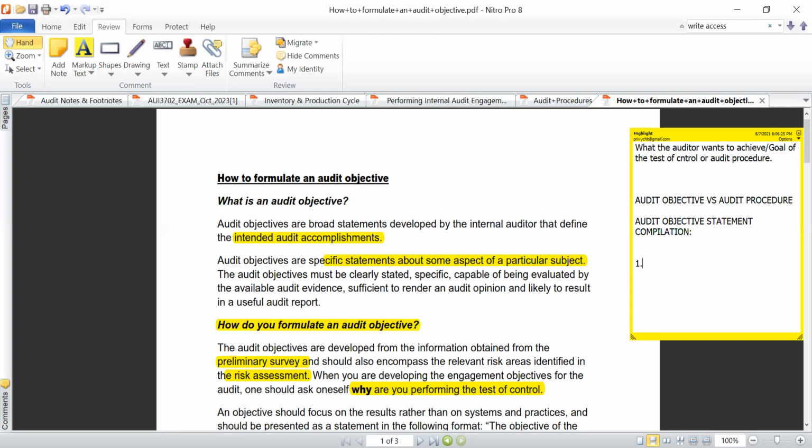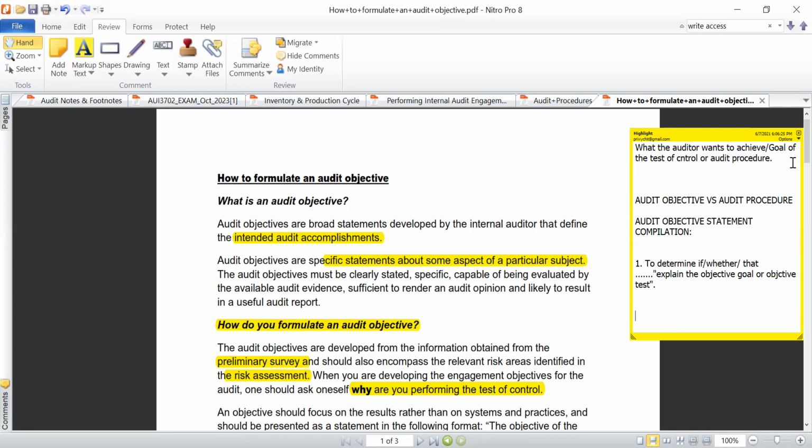Number one, you can start your statement by saying to determine if, or to determine whether, or to determine that. And then the next thing you do, you explain the objective goal or the objective test.